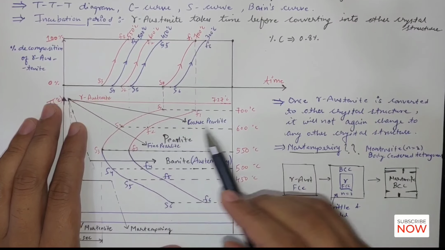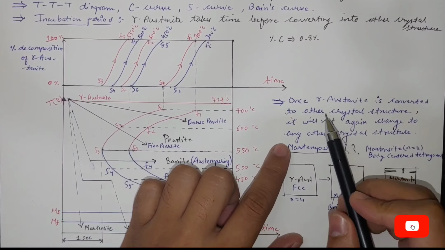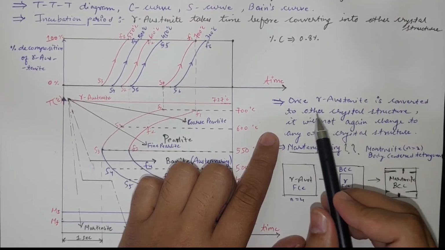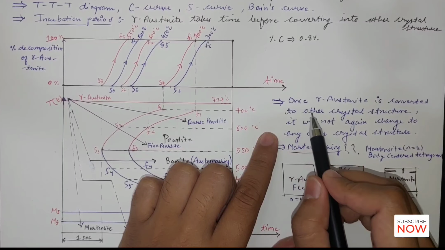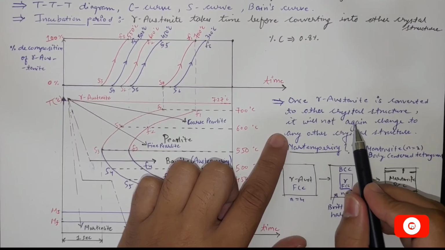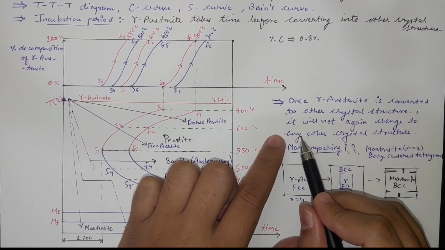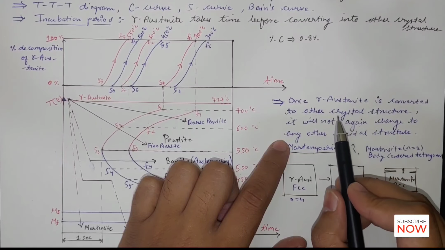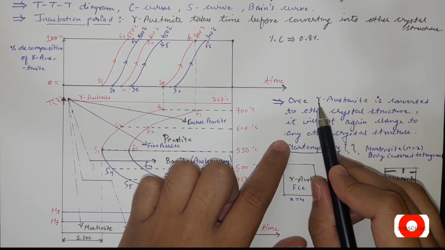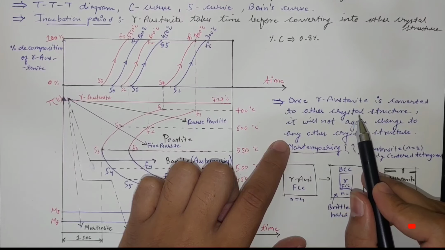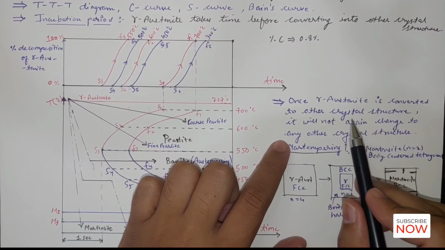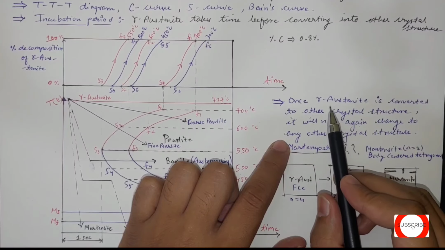Here we have to remember one basic principle: once gamma austenite is converted to another crystal structure, it will not again change to any other crystal structure. Once we change from gamma austenite to pearlite, bainite, or martensite, it will not change again.